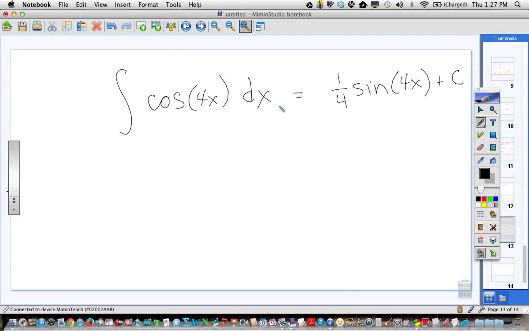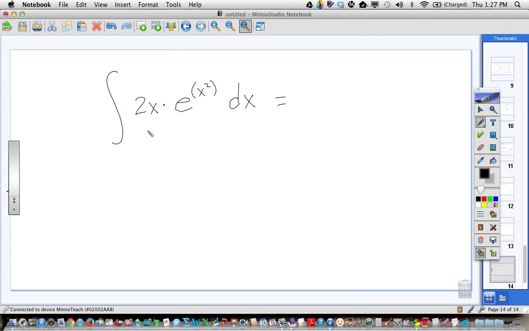What would have made this one easier? What would have made this one so we didn't even have to worry about the 1/4 kicking out? If there would have been a 4 here, then we wouldn't have even had to worry about the 1/4, because when we do the derivative, we got to kick out a 4, and that 4 already would have been there. So I say that this is an easy one. Why?